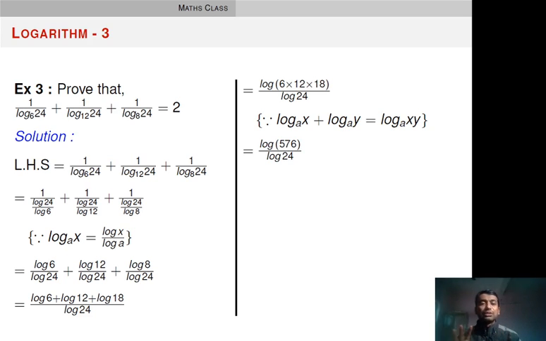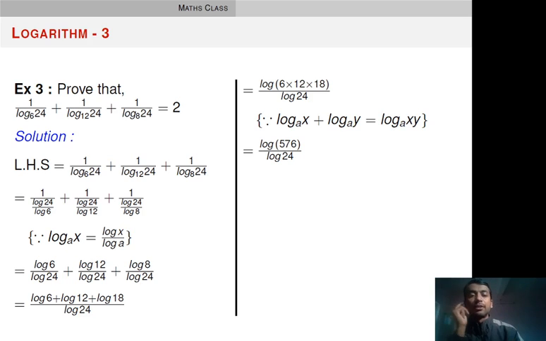Okay, so this is all the simplification that we can do till now. Now look at the right hand side, it is 2. So however we have to get answer 2. For that we will try to convert 576 in terms of some power of 24. See whether it is possible or not.